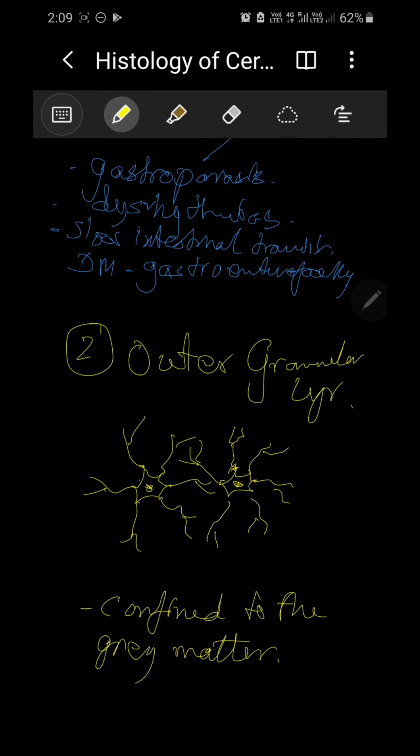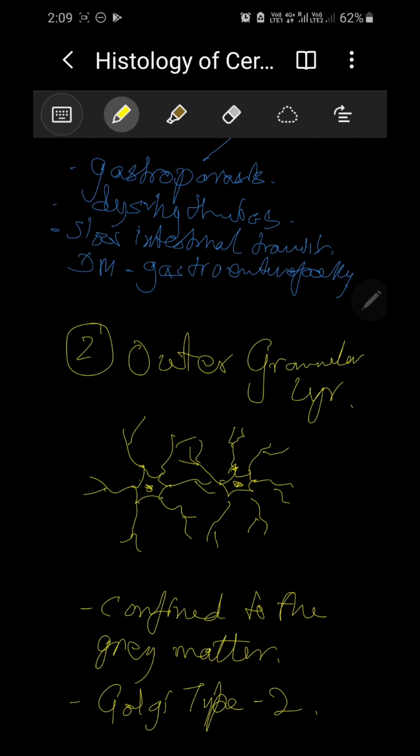So can anybody guess the type of these neurons? Will they be Golgi type 1 or Golgi type 2? They will be Golgi type 2.